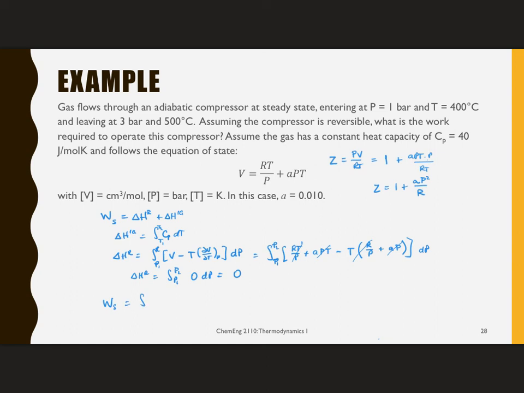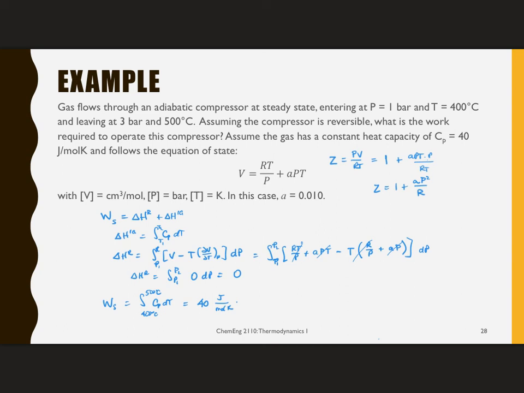Ws is simply then the integral of Cp dT from T1, which is 400 degrees C, to T2, which is 500 degrees C. 40 is Cp, joules per mole Kelvin.